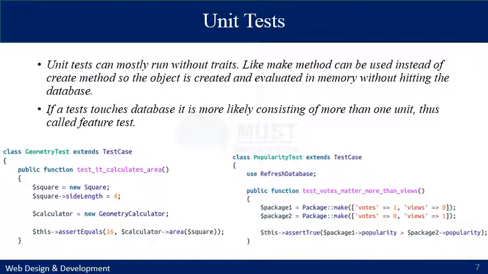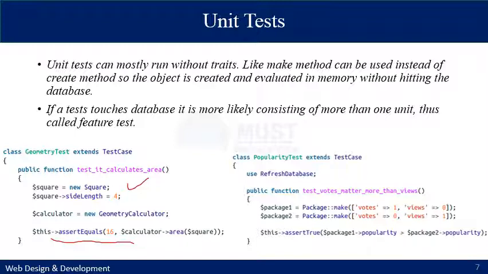However, unit tests can mostly run without traits. For example, the make method can be used instead of the create method, so the object is created and evaluated in memory without hitting the database. In this case, we have a new variable called square, and we have specified the values and then asserted some condition without actually using the database.